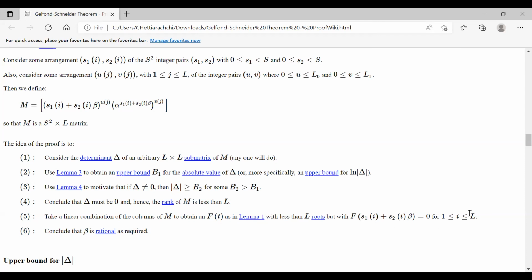S1i, S2i beta, we have L of them. Since this must be less, some of them must be equal to each other, at least two of them. Then we can show that beta will be rational. So let's start now.